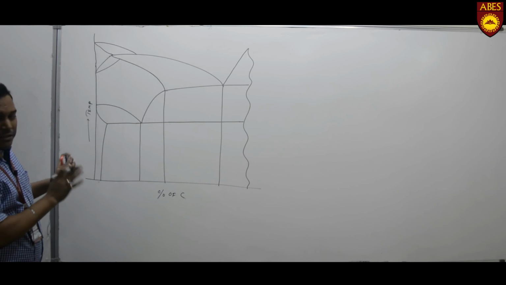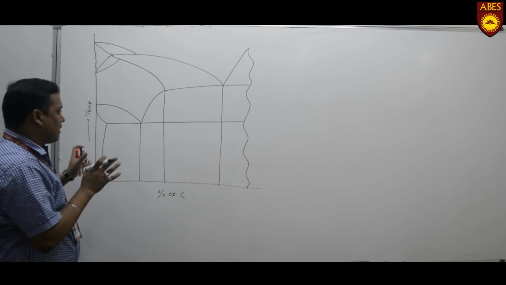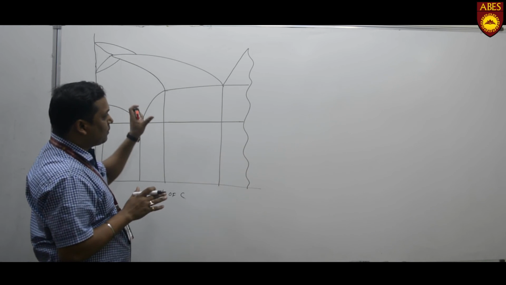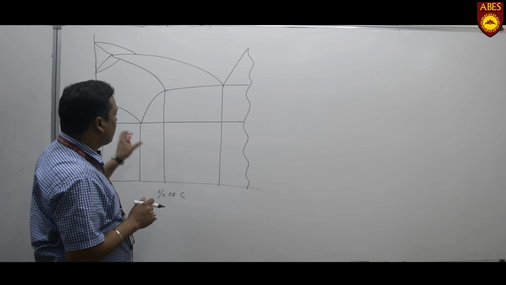This is the basic schematic diagram of the iron carbon, and we have to put all of the sections by the reactions or by the main segments.